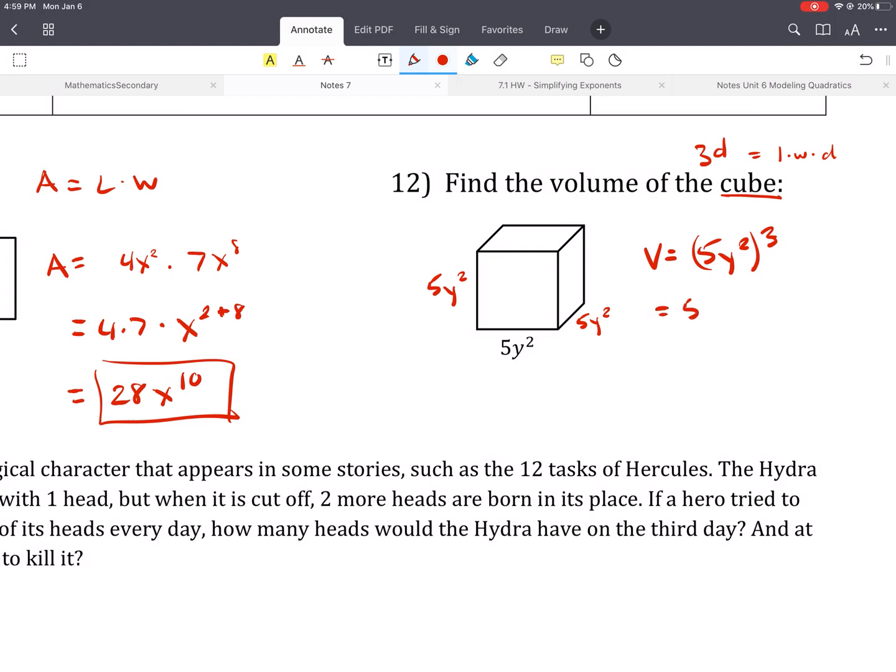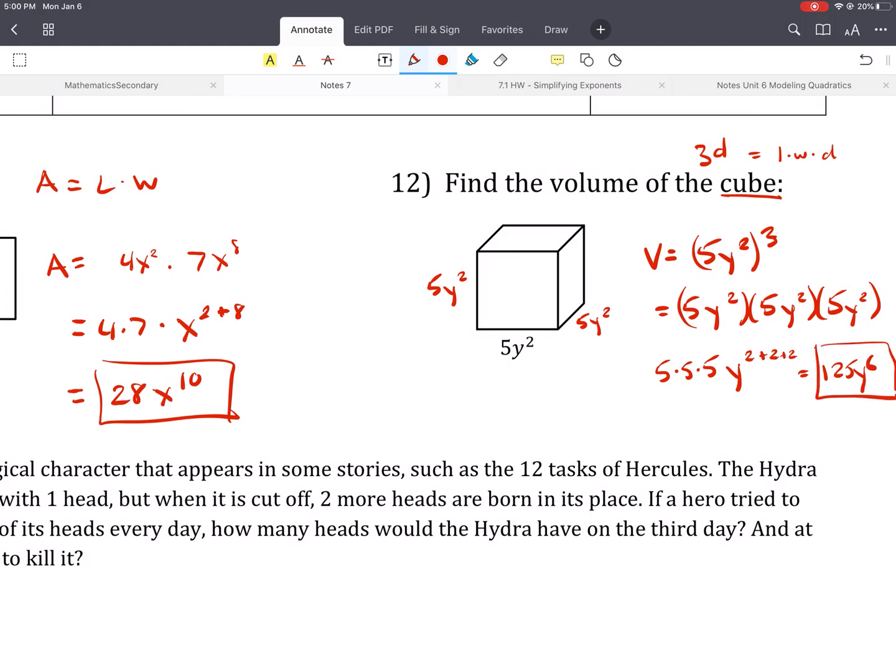Okay, it's the same thing as 5y squared, and we're multiplying all those together, okay? So if that makes more sense, we can just do it that way. Okay, and then we multiply, that's the same as 5 times 5 times 5, and then we'd have y to the 2 plus 2 plus 2, okay? And that just gives us 125, y to the 6th.